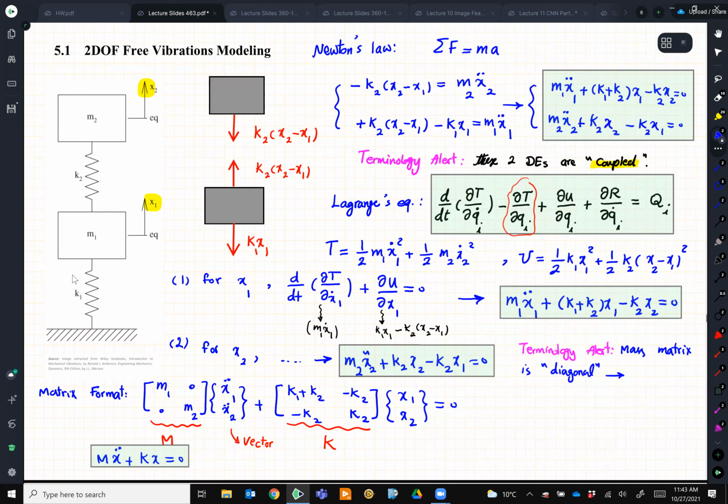But take a look at the system itself. Remove the stiffness. Imagine there is no spring. Do these two systems have any effect on each other? Let's say there is no spring. x1 and x2 can independently move, right? So we say if we remove these springs, the motion of these two masses has no effect on each other.